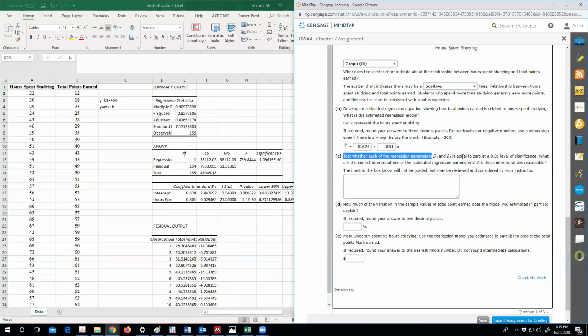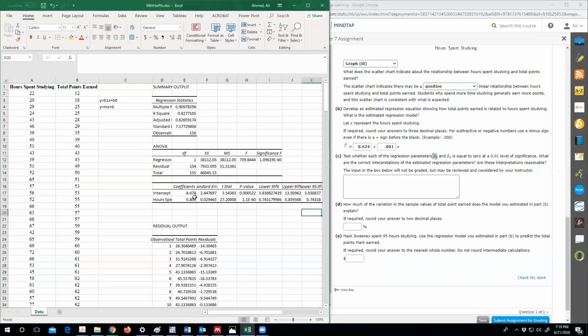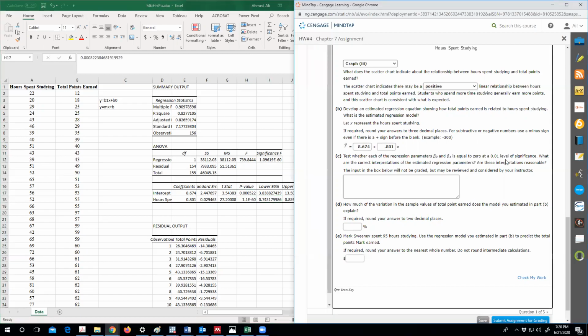The next part is to test whether each of the regression parameters, beta naught and beta 1, is equal to 0 at the 0.01 significance level. Well, we can say that they are not 0 at this level.